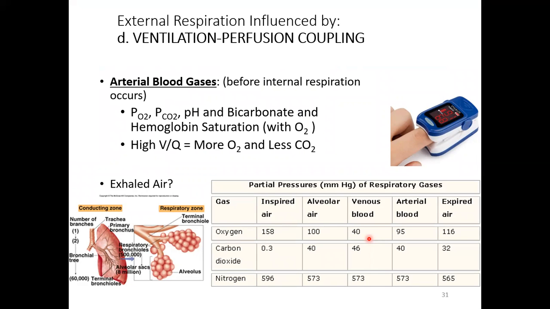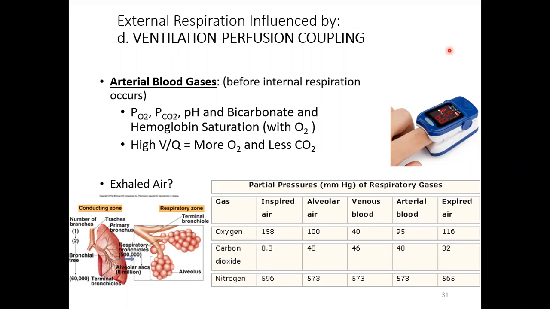Okay, and so we, of course, monitor or regulate these different partial pressures. We regulate pH and we regulate bicarbonate. We'll get into that in our next lesson. As we'll also see in our next lesson, hemoglobin saturation as well.